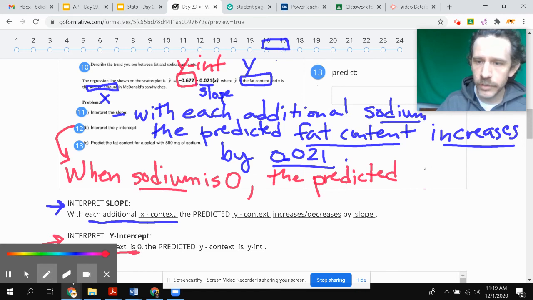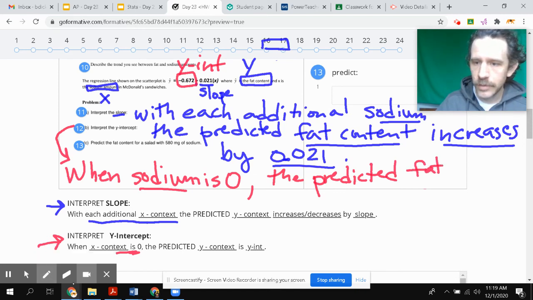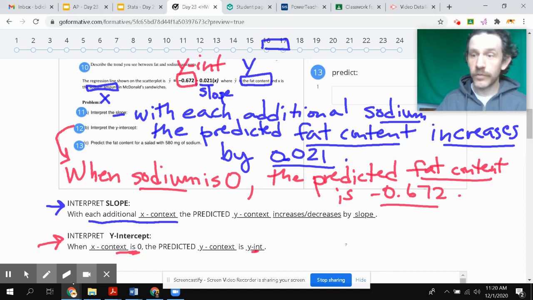So we say the predicted fat content is what number? It is negative 0.672. So those are the fill-in-the-blanks for y-intercept.